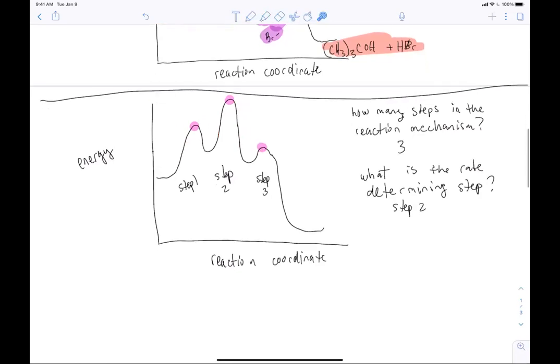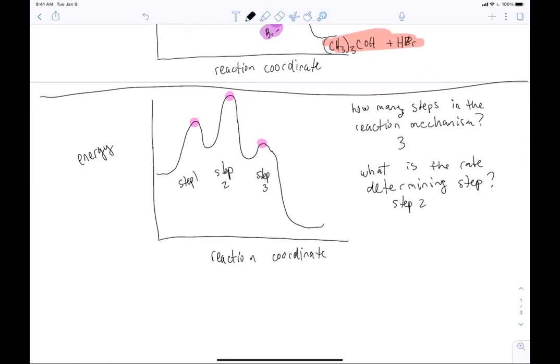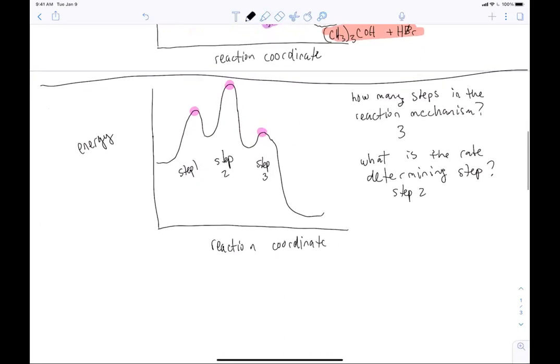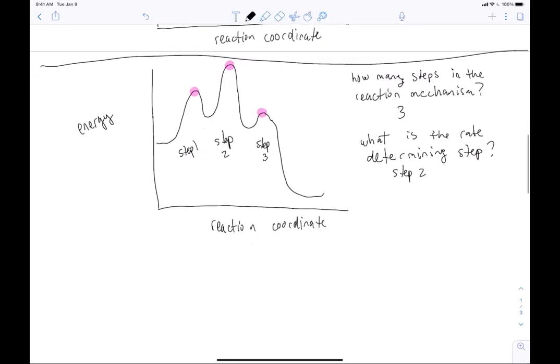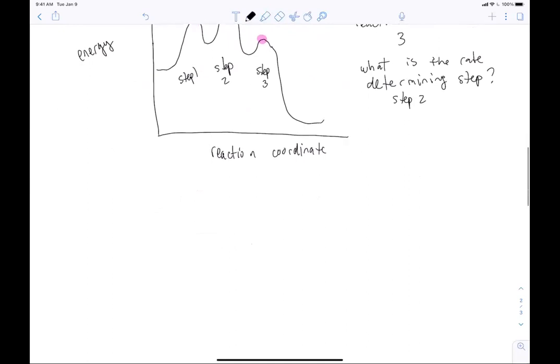So the last thing we'll talk about, sort of related to reaction coordinate diagrams, is just catalysts. If you look on the GChem website, there's a lot of stuff on there. We're not going to go into as much detail as the GChem website.